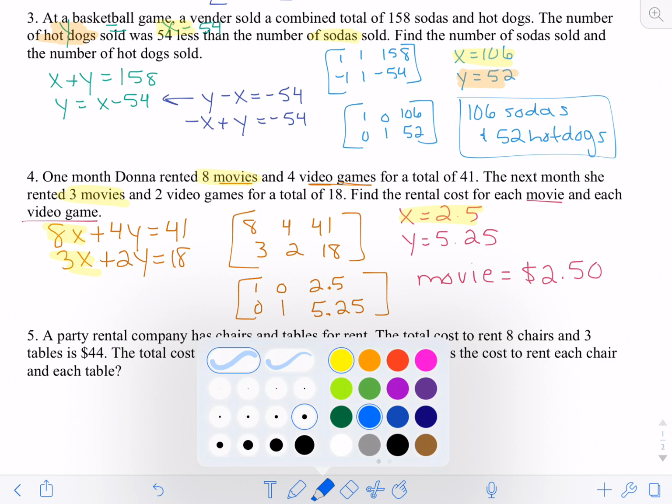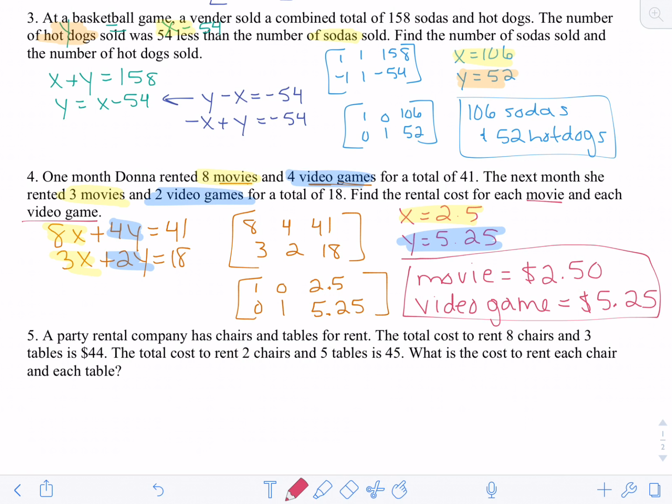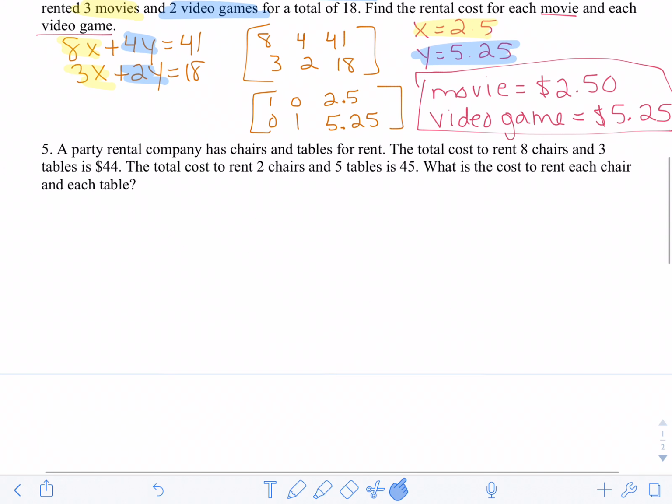Again, if you look, you have Y was 5.25. My Y's were lined up with the numbers 4 and 2. Well, that's 4 video games, 2 video games. So for a video game, it costs $5.25. Again, you can always plug these numbers into the equations we came up with to make sure those are correct.